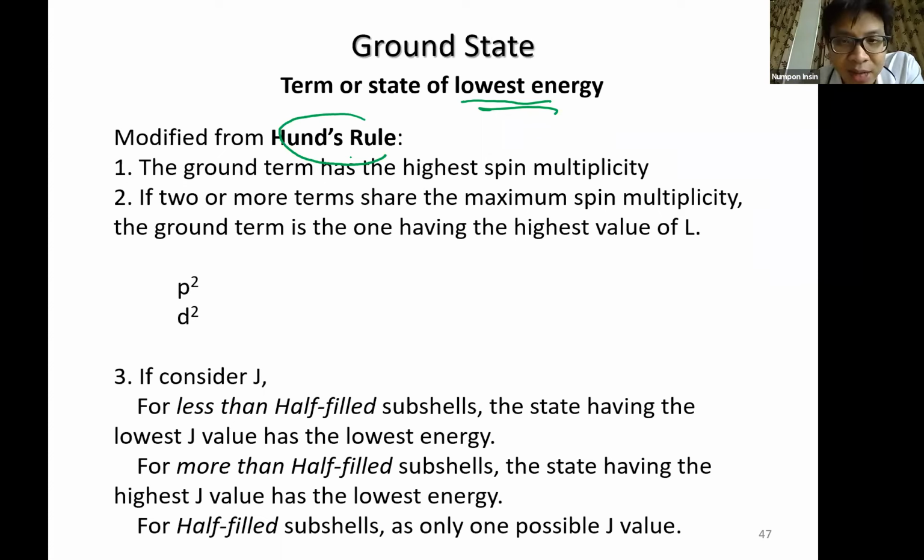First one, as you remember, we care about spin-spin coupling. So the one with the highest spin multiplicity, the highest spin-spin coupling value, you're going to get it to be the ground state.